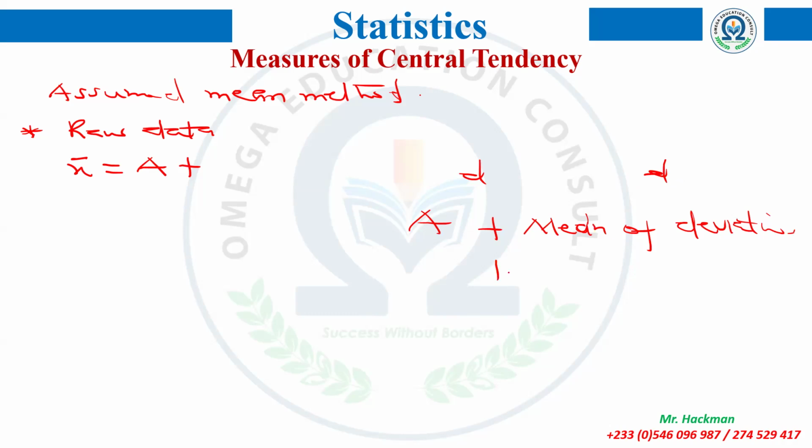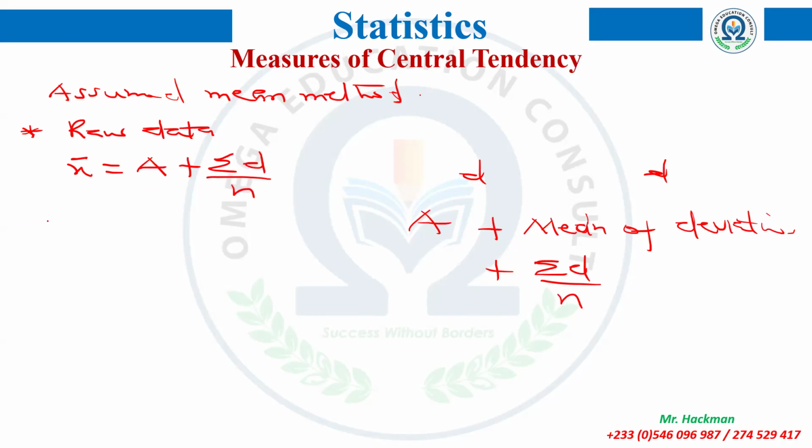If I'm finding the mean of the deviations, I need to sum the deviations and divide by the number of deviations, which will always be the same as the number of observations. So from the raw data perspective, the assumed mean method in finding the mean is given by the formula: the assumed mean plus the mean of the deviations.